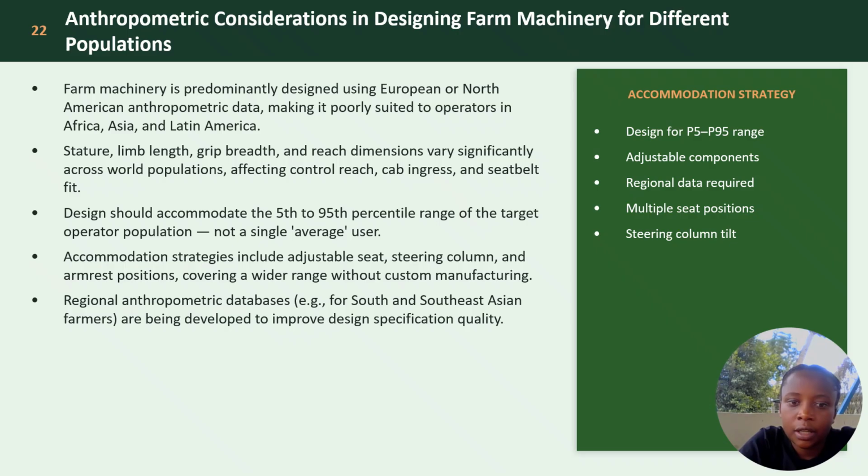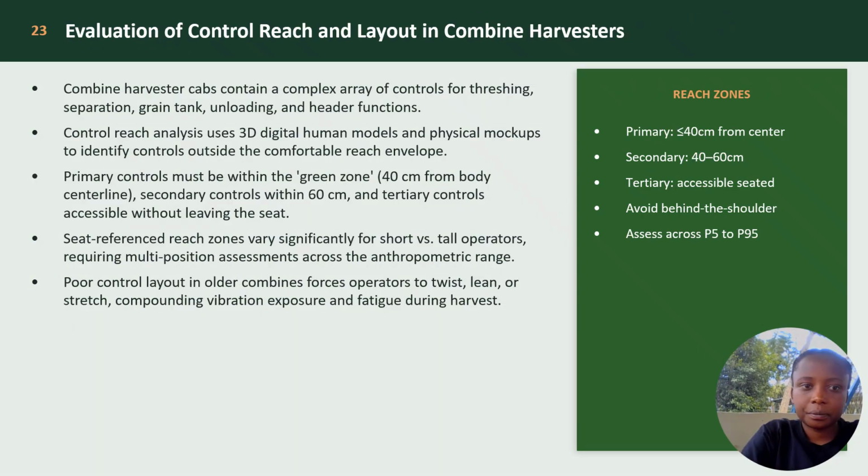Regional anthropometric databases, for example for South and Southeast Asia, are being developed to improve design specificity. Accommodation strategy is designed for the P5 to P95 range: adjustable components, regional data requirement, multiple seat positions, sliding column, and tilt.